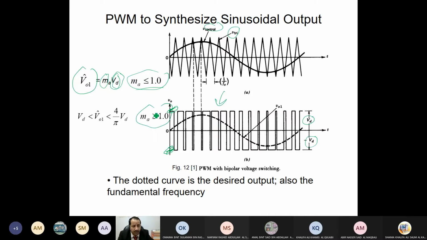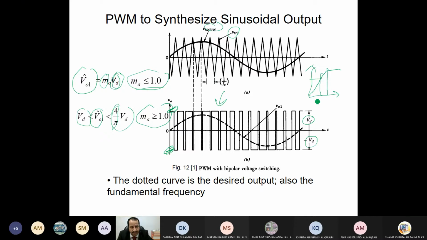Also, for over modulation, when MA is greater than 1, the maximum fundamental will be greater than VD and lower than 4 over pi VD. We mentioned why 4 over pi: because that is the square wave. Just to remind you, this is the curve.